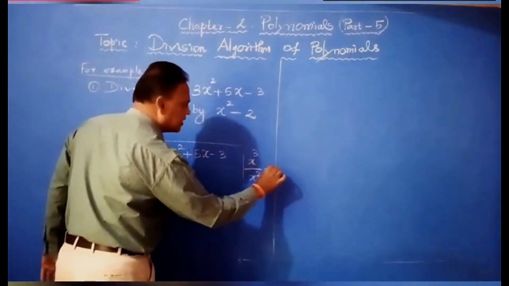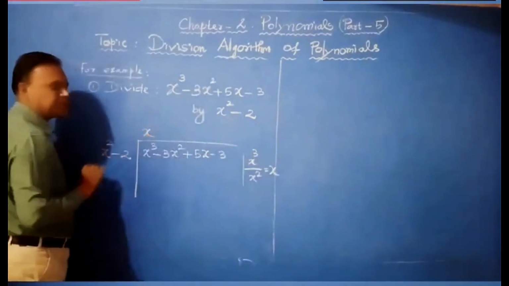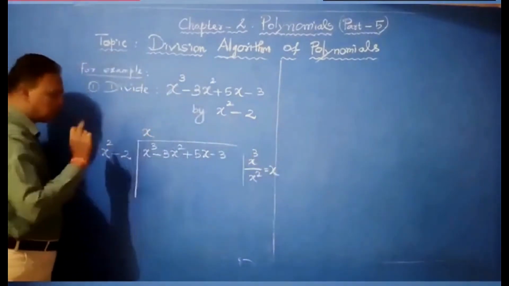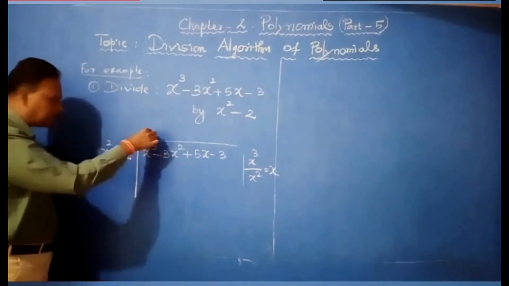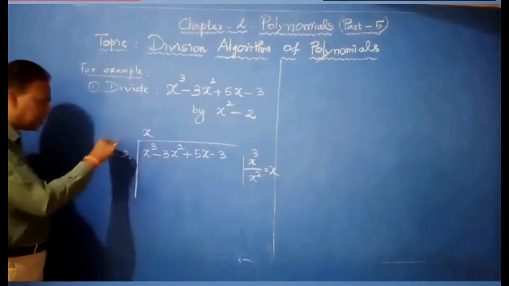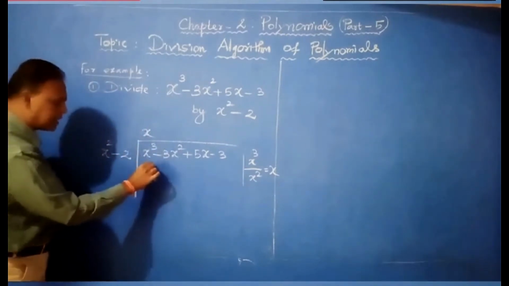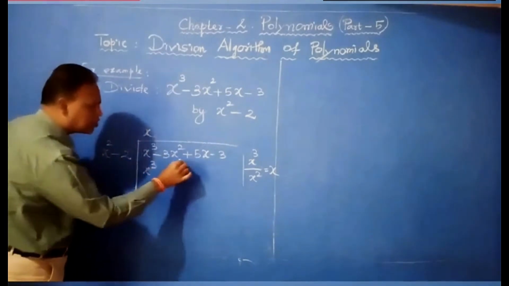What you will get? x. This x you write in quotient. Now you multiply this factor with this polynomial. What will happen? x into x squared, x cube, x into minus 2, minus 2x.